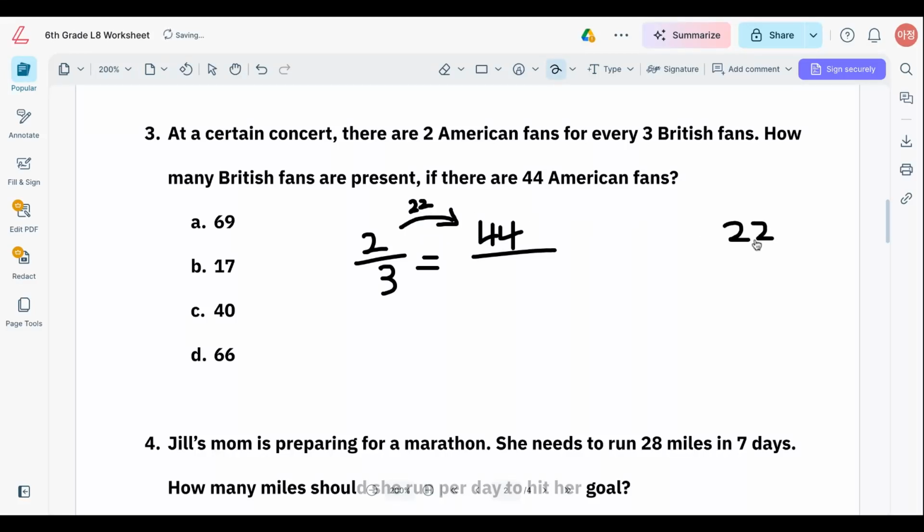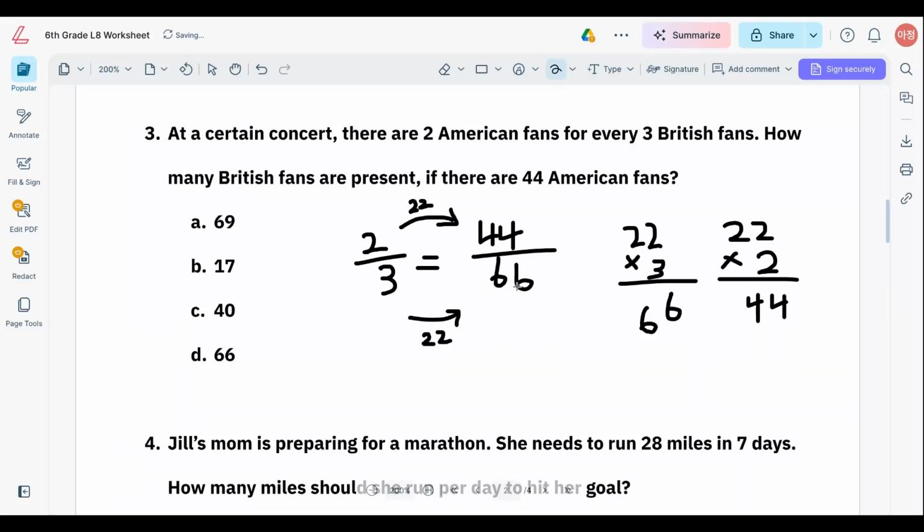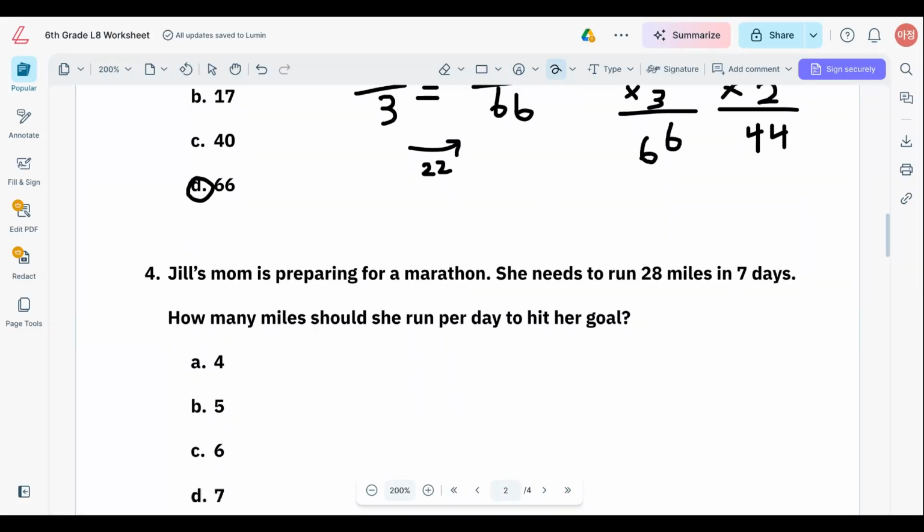Because 22 times 2 is 44. So then we just have to multiply by 22 on the bottom too. So 3 times 22, and that's just 66. So D is the correct answer, right?